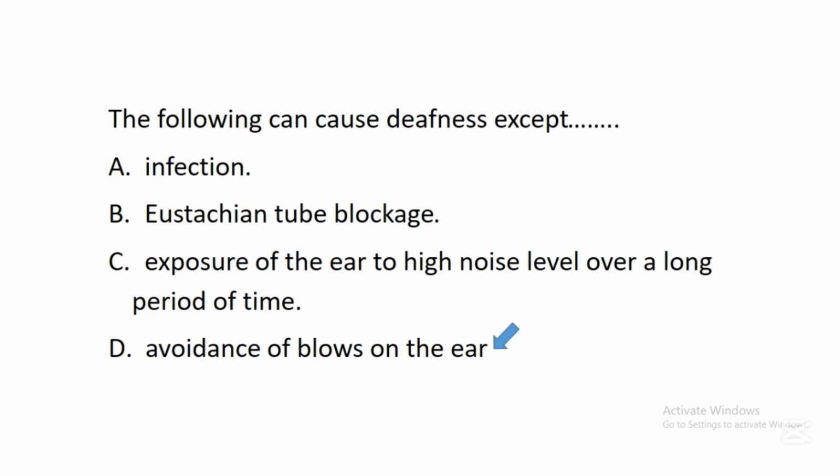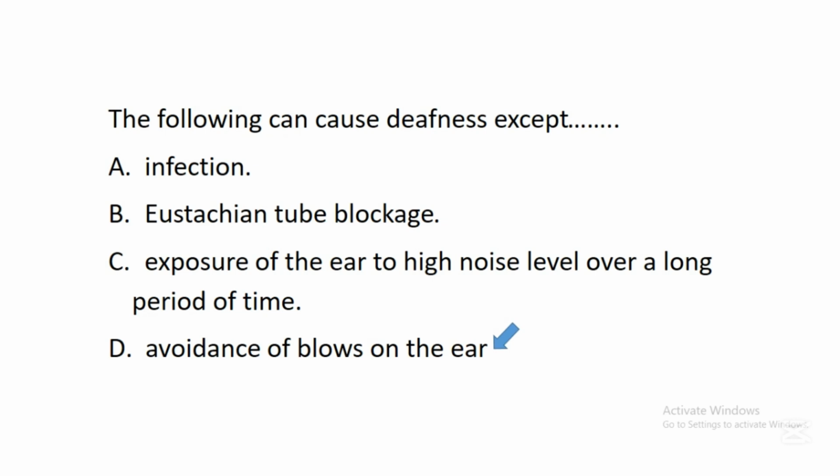There are many things that scientists have discovered that can cause deafness. Scientists have discovered that infection can cause deafness. Eustachian tube blockage can cause deafness. When an individual exposes his or her ear to high noise level over a long period of time, deafness will begin to affect that individual.